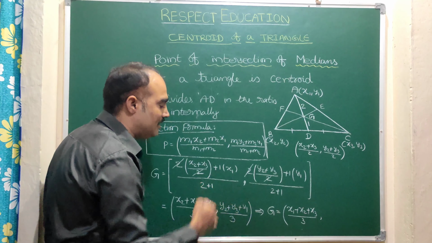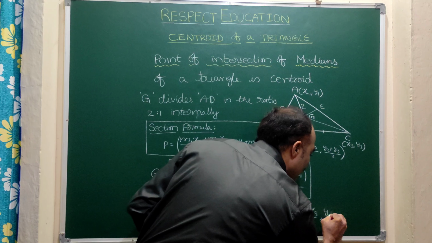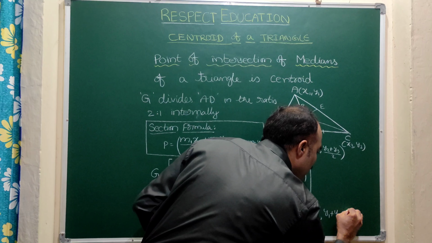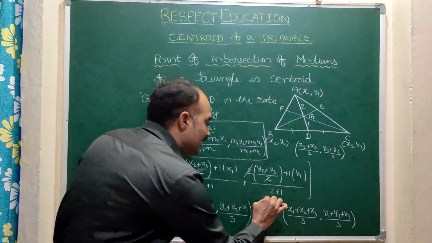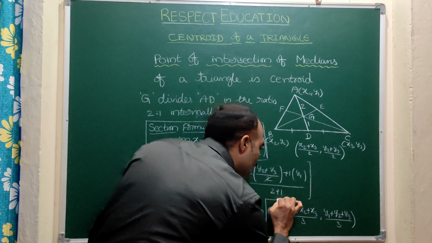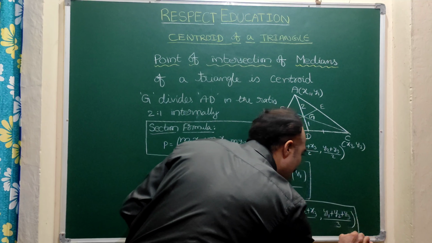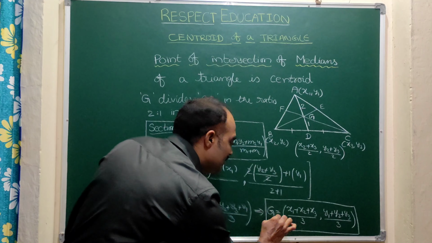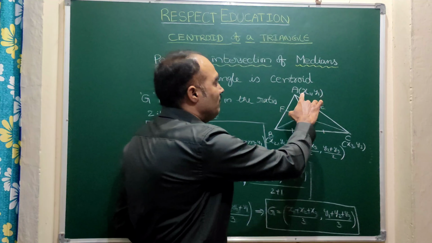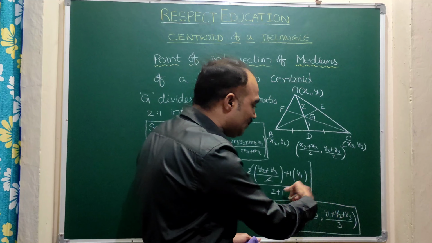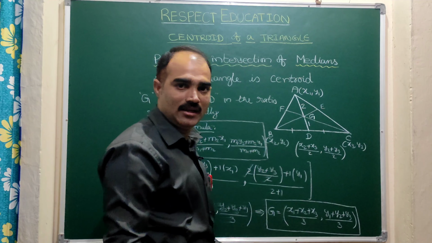So here it can be altered. So (y1 + y2 + y3)/3. So finally this is the coordinate point of centroid G. Here onwards you can remember this one as a formula, that is the centroid of a triangle formula.